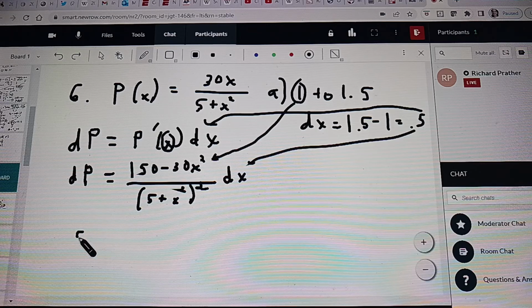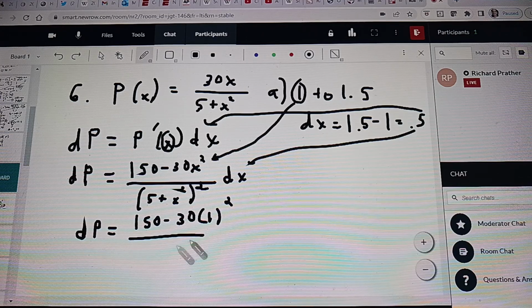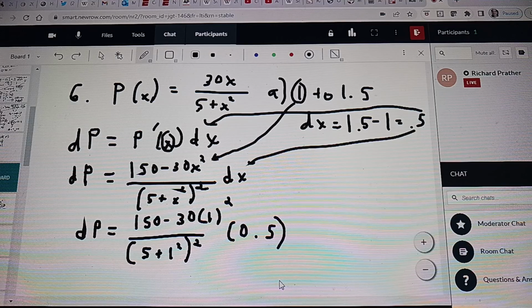So the change in population: we started counting at 1 hour, and then a half an hour later, time had changed by a half an hour. We had a small change in x. What happened to the population?